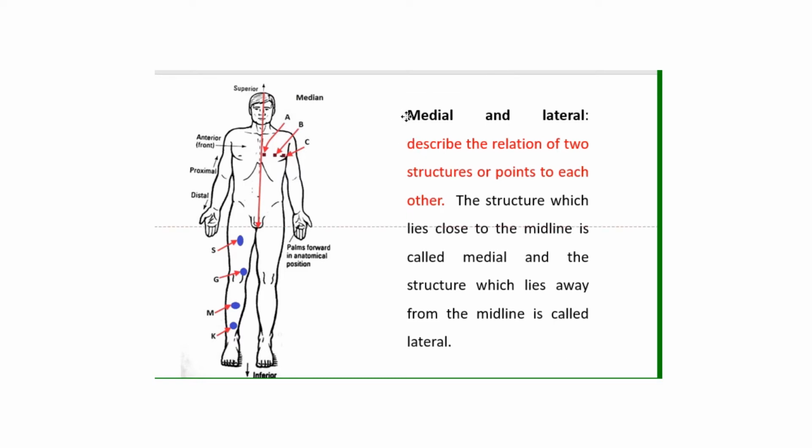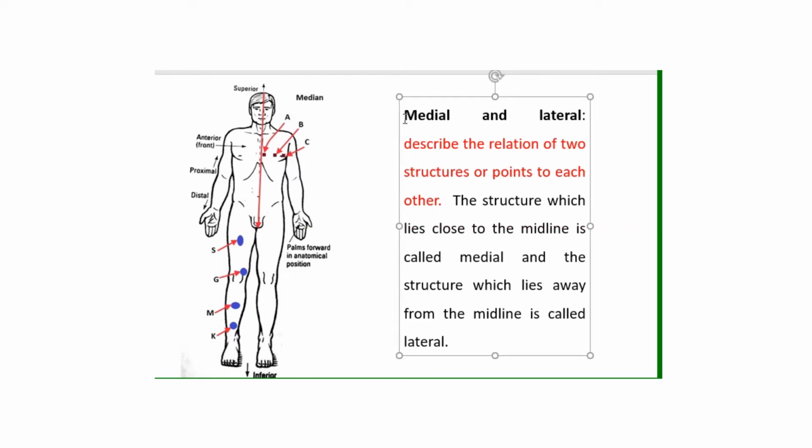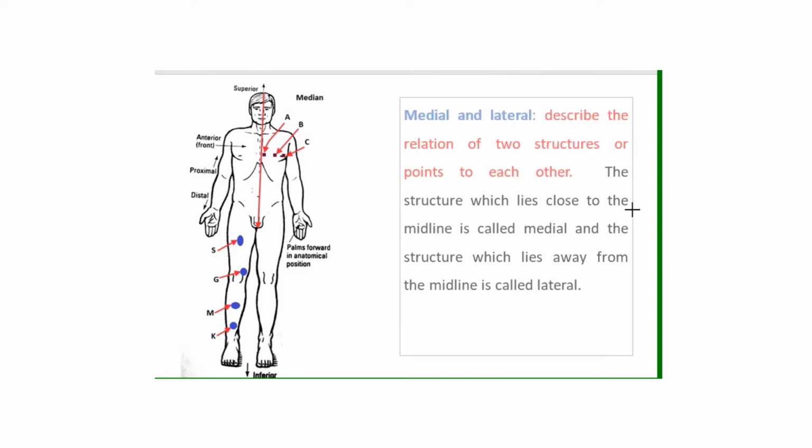Then, medial and lateral are terms to describe the relation of two points or two structures to each other. The structure of them which is present nearer to the midline is medial, and that away from the midline is lateral.